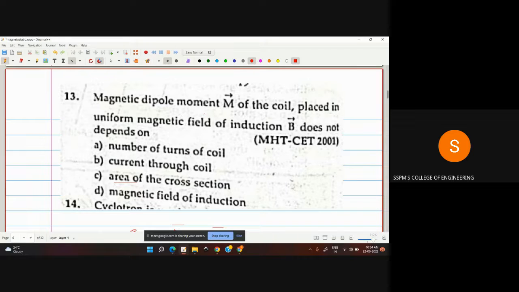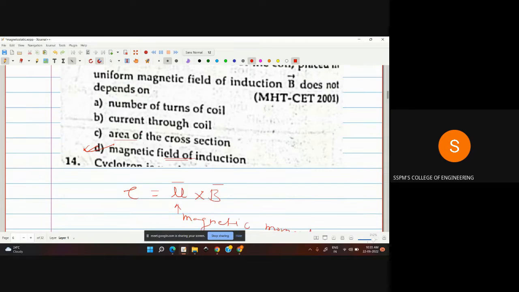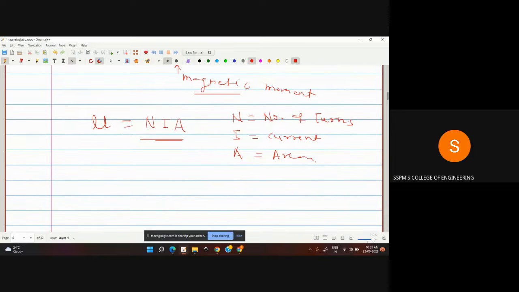But the magnetic moment is independent of the magnetic field of induction. So option D is the correct option. The reason is that the formula for magnetic moment is NIA, and the magnetic field does not appear in the formula. So it is independent of B, isn't it?